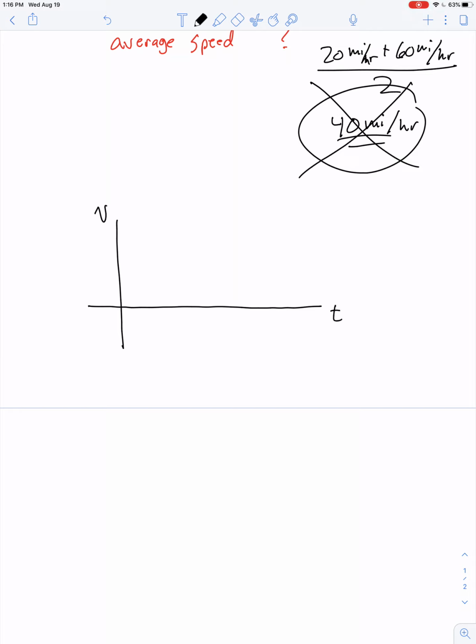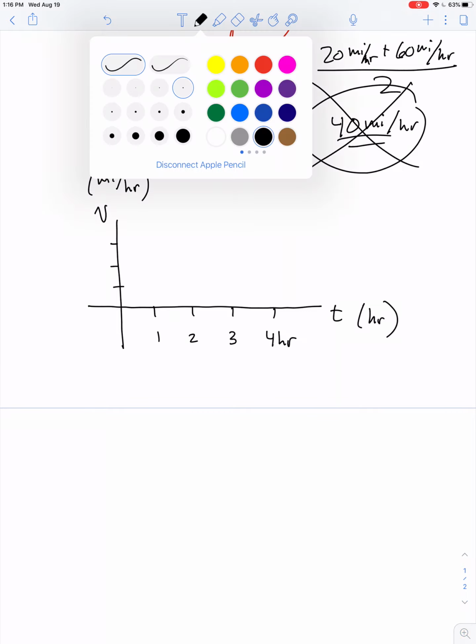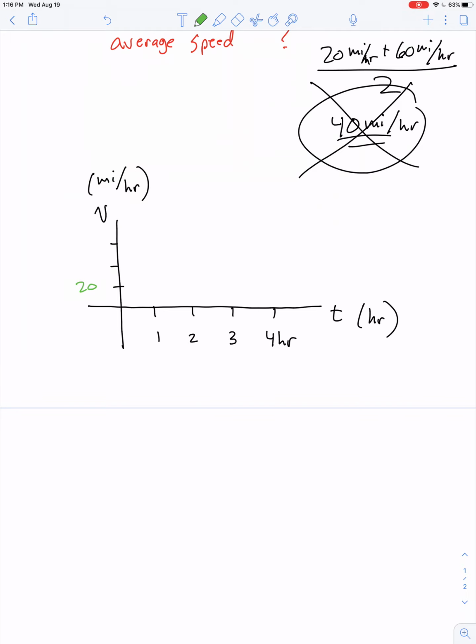So let's see. It took 4 hours, so let's go 1, 2, 3, 4. The speed started out at 20, and then 40, and then 60. Okay, so the units here for speed are implied as miles per hour, and the time is implied as hours. So here we go.